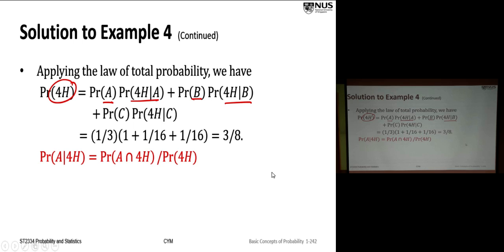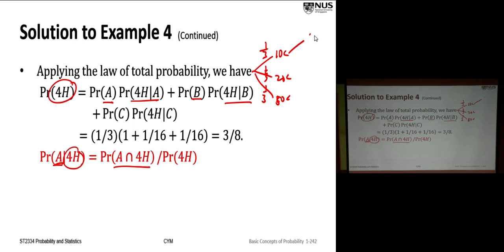So now, given 4 heads, what's the chance that I got A? It is the probability of A intersect 4 heads divided by the probability of 4 heads. What it says is like this: you have a 10-cent coin, 20-cent coin, and 50-cent coin. The probabilities are equal, 1/3 each.